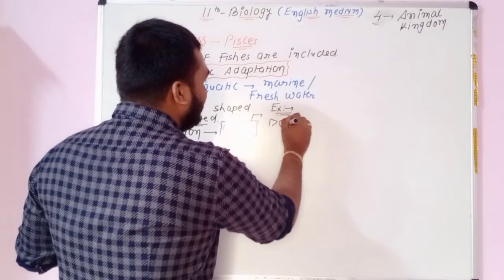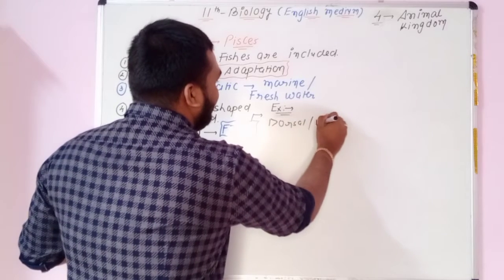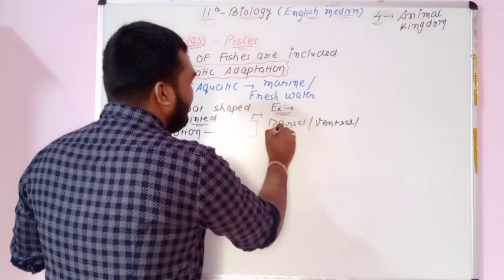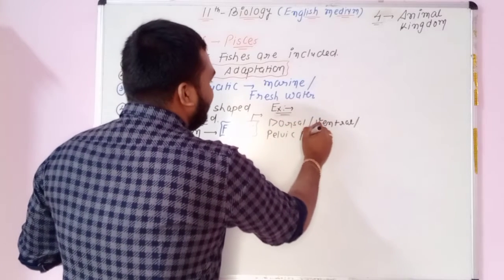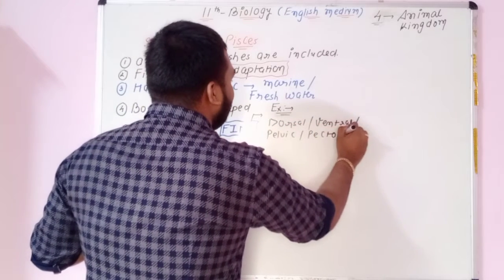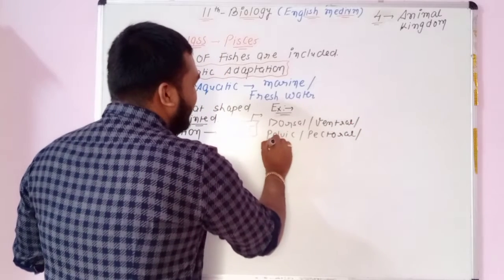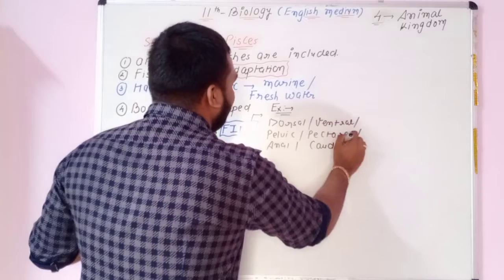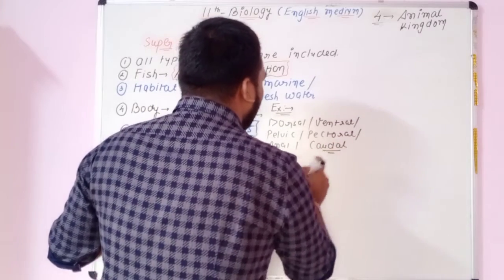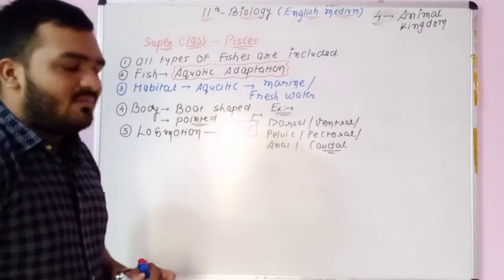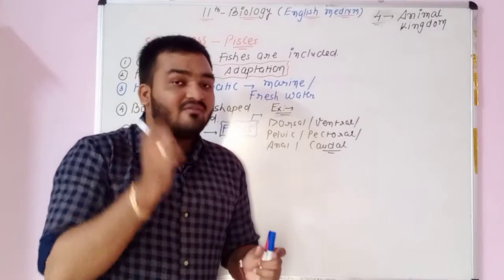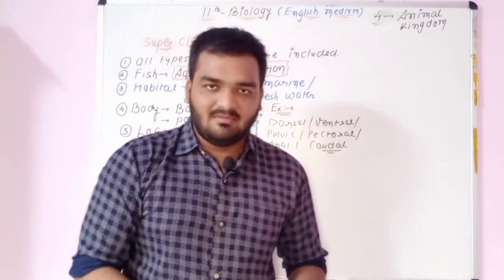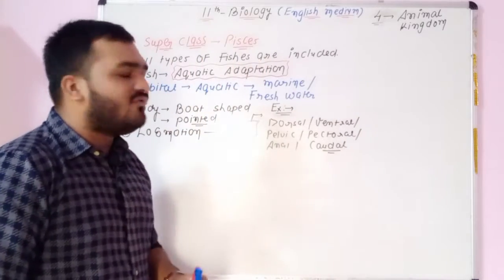You will remember: dorsal fin, ventral fin, pelvic fin, pectoral fin, anal fin, and the last one, the caudal fin. The caudal fin is very important because with its help fishes are able to change their direction for swimming.